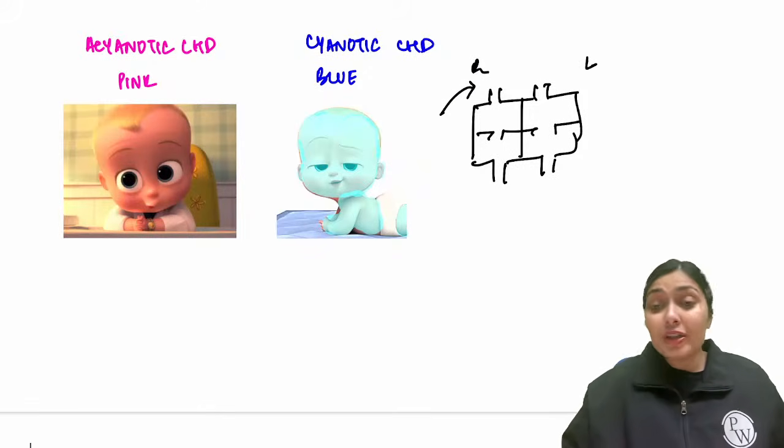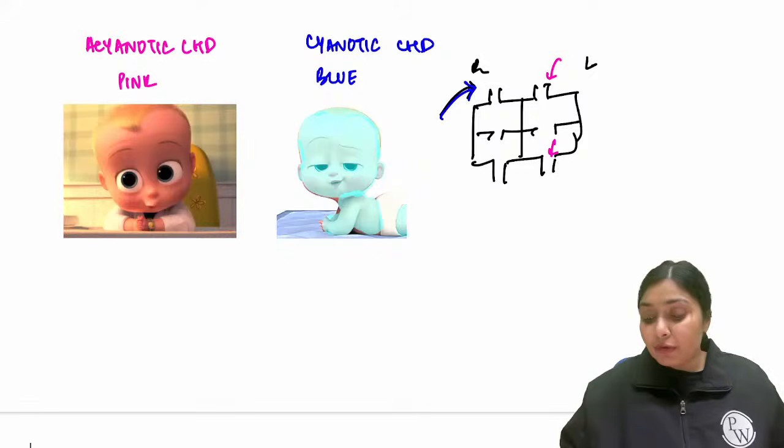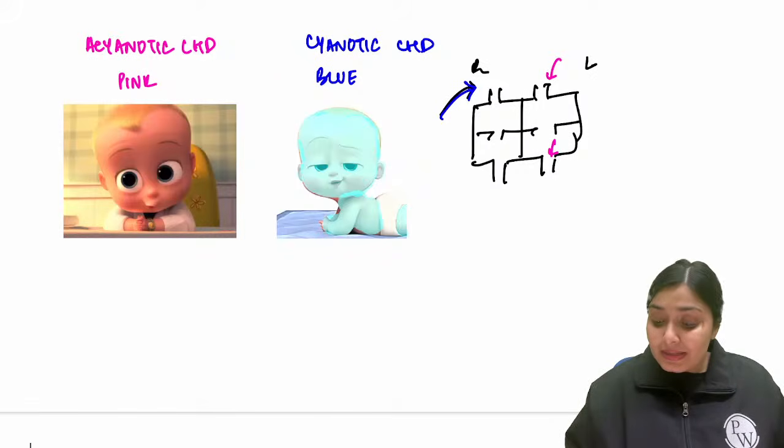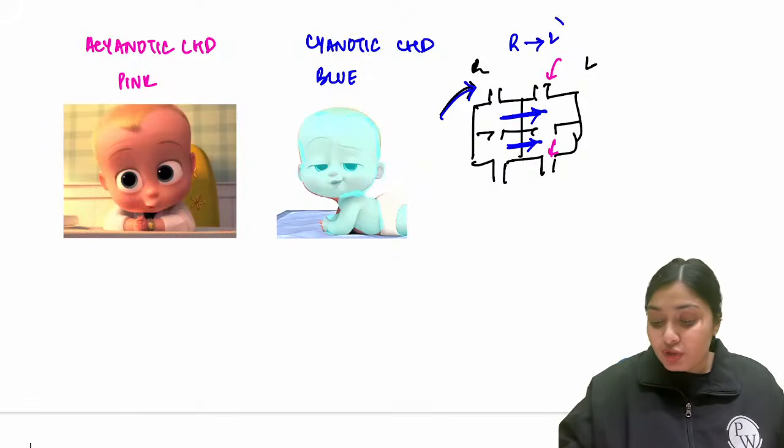The right side gets all the deoxygenated blood, and the left side receives the oxygenated blood from the lungs and gives it to the entire body. But if due to some problem this deoxygenated blood gains access to the left side, that means whenever there is a right to left shunt, there will be cyanosis.